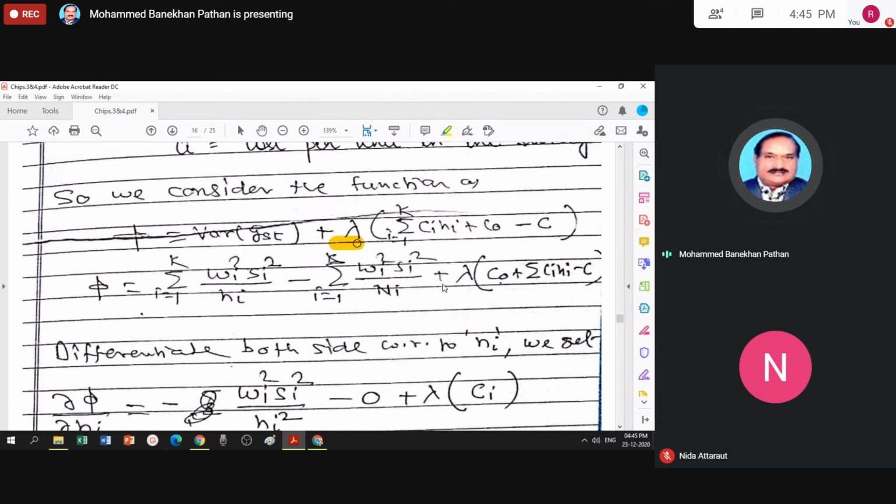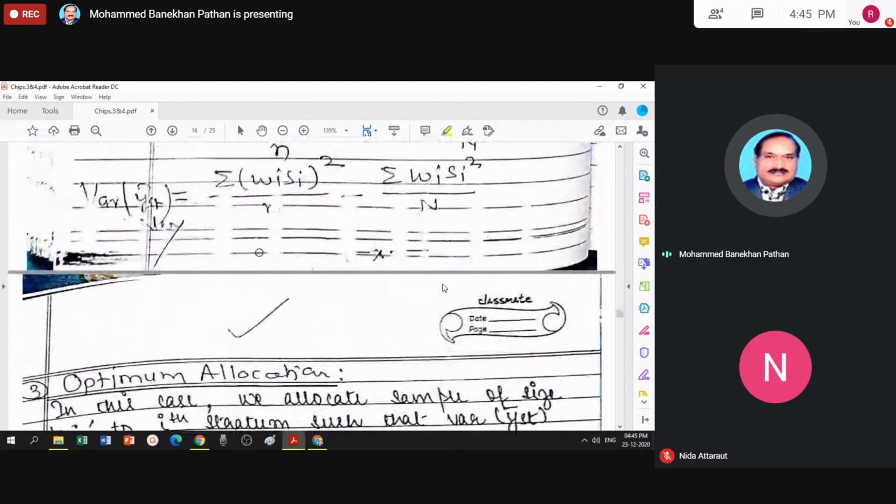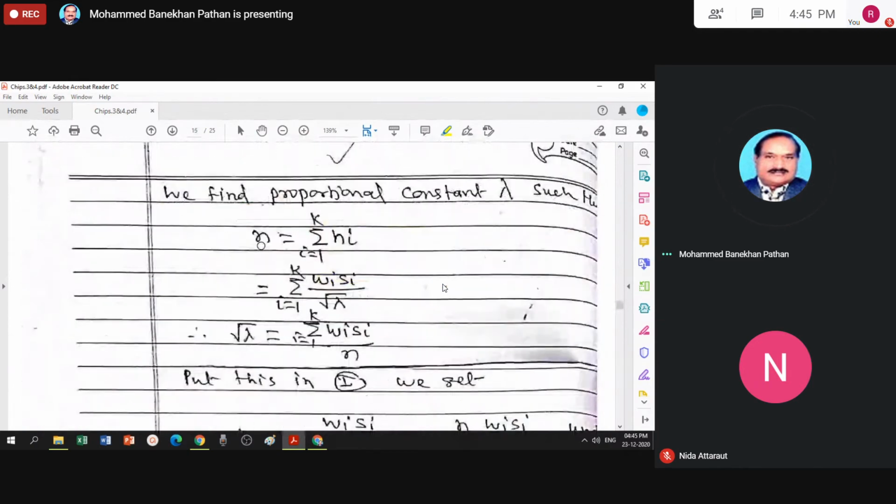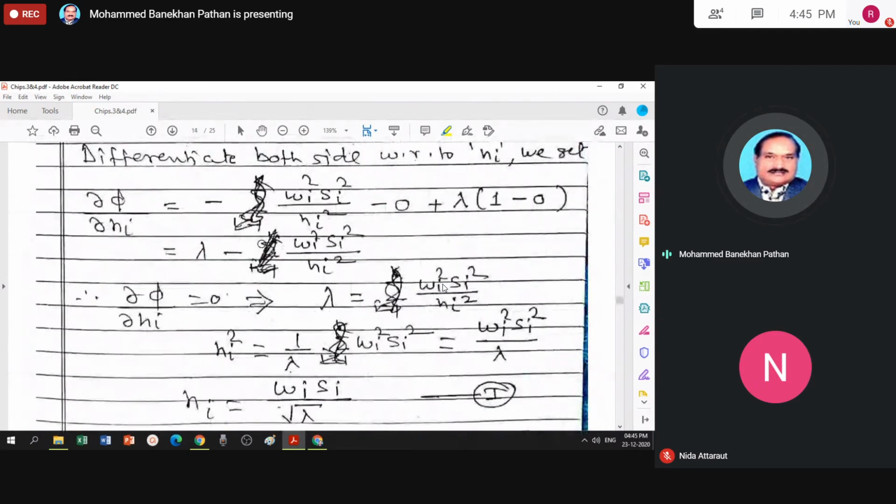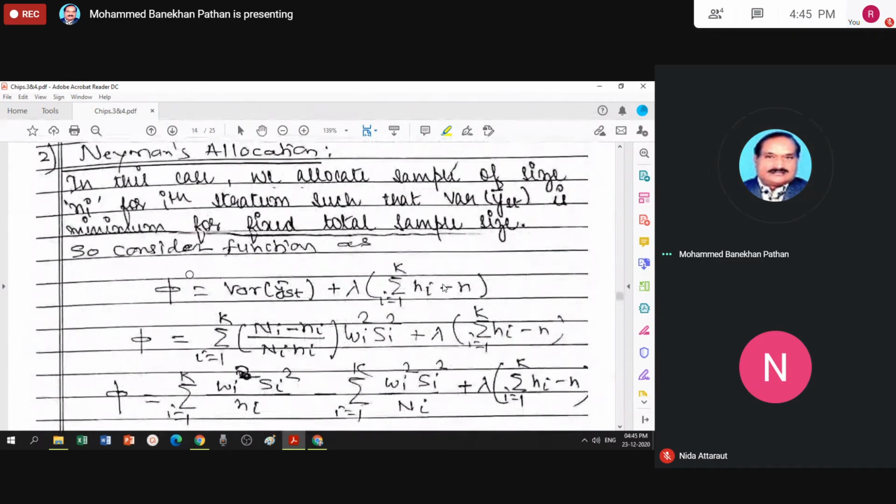Keep this condition in your mind and see what the Neyman procedure is. Neyman procedure is exactly similar. Phi equals variance of y bar st plus lambda. This bracket is as per the condition.